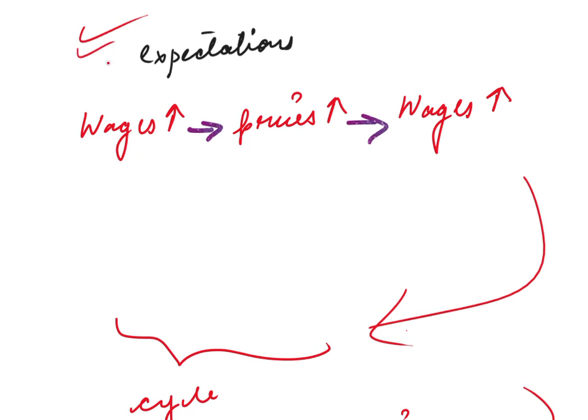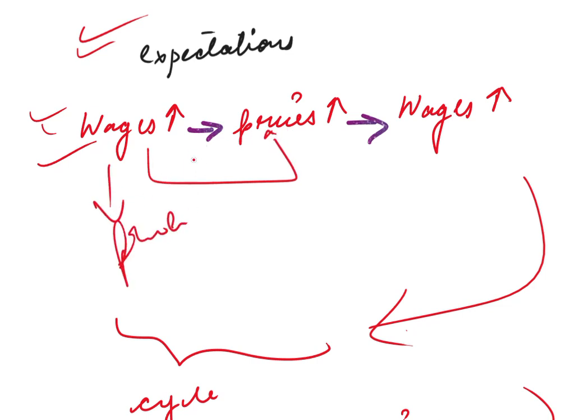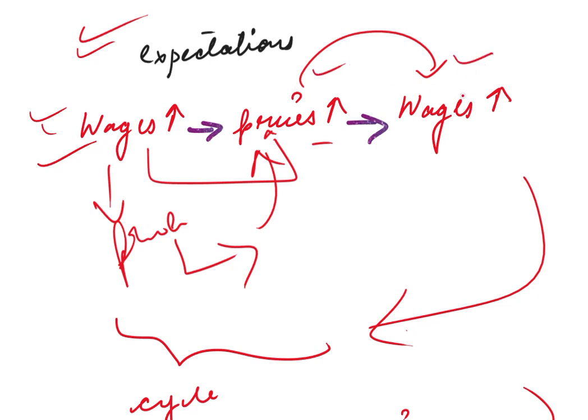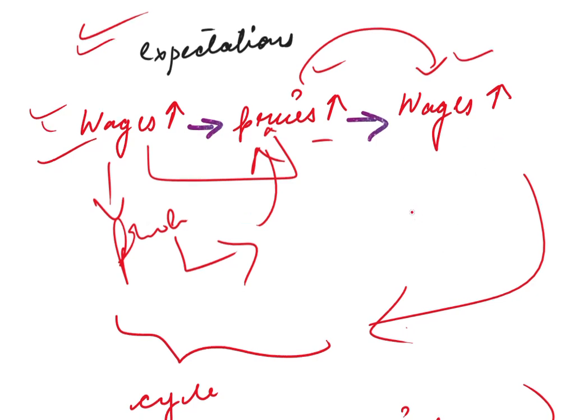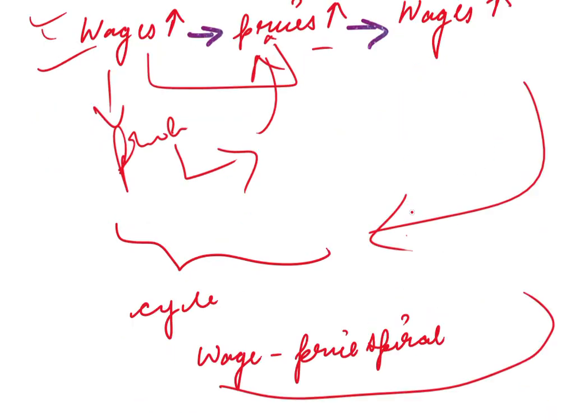Their expectations are high, so they start demanding higher wages, which increases the production cost and forces firms to increase prices, and again the same thing happens. Again the prices are high and the workers demand more wages, so this continuously happens. This is a continuous cycle known as the wage price spiral, and this is one of the reasons why inflation can persist for a long period of time.